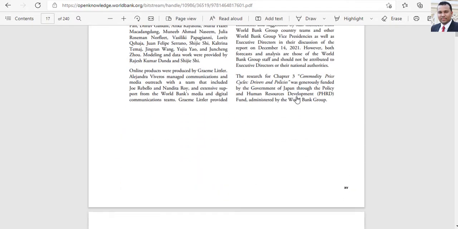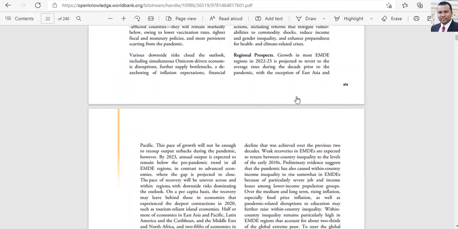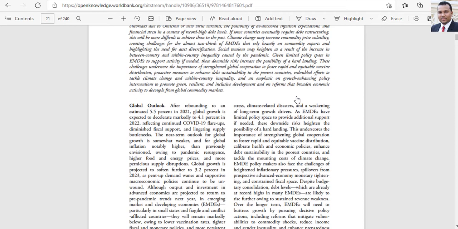We need some data about real GDP growth rate. So we can start from this point. What about our global outlook? Global outlook, in this case, we estimate that the growth rate equals 5.5%. This is as a global.